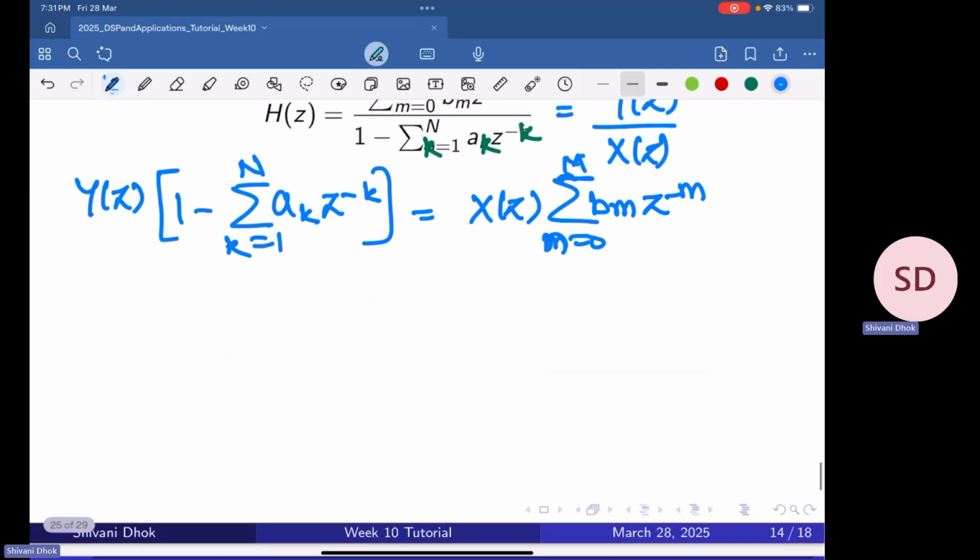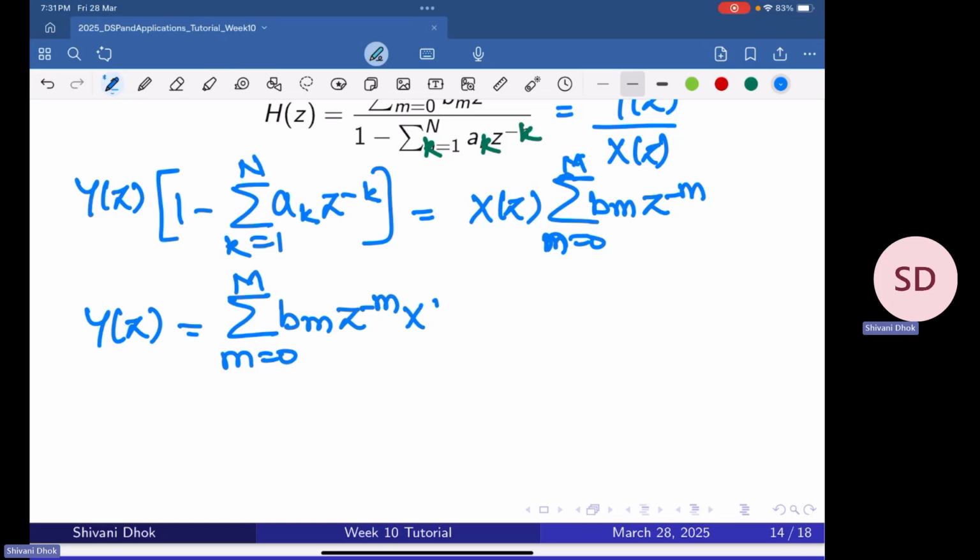So Y of z is equal to summation m running from 0 to M, b_m z to the power minus m, X of z, plus summation k running from 1 to N, a_k z to the power minus k, Y of z. Now if I take the inverse z transform, what do I get?